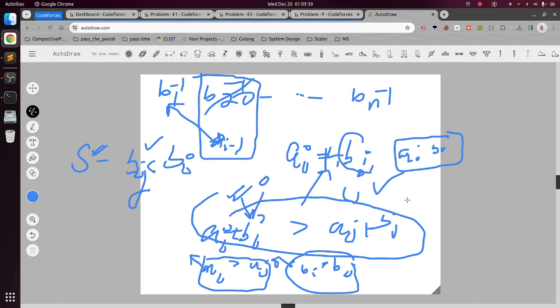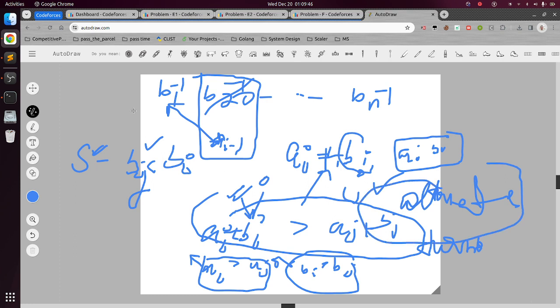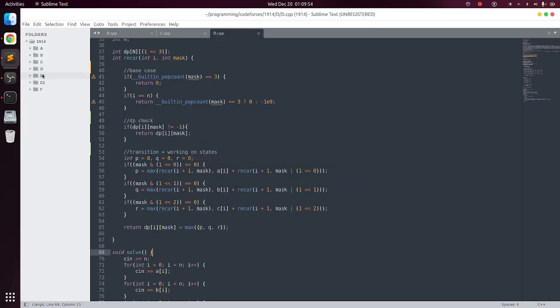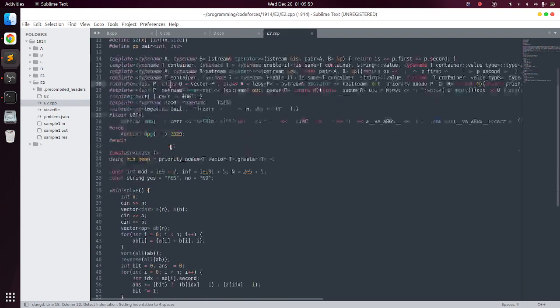And again, you have to simulate this game in alternate terms. So you should just keep a sum A of i plus B of i for every i and their index, and see what you can do. Here is my solution.